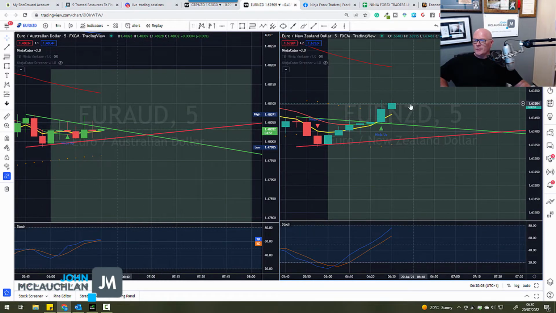It's the same situation as the other pair, in that we've got this on there, so this is going to be half decent. So euro NZD, bit slow getting that one.